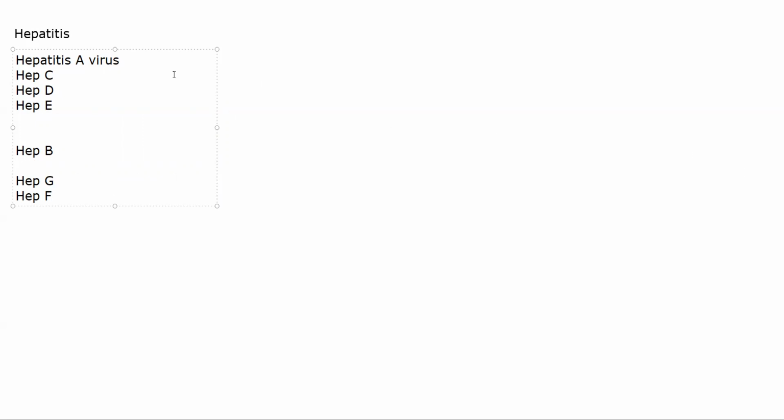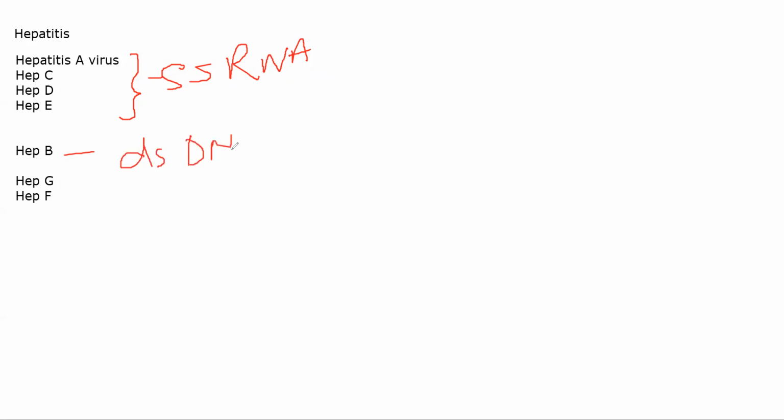Why I'm writing them separately is because the first 4 types that you see here all have ssRNA, single stranded RNA, meaning their genetic makeup is a single strand of RNA, whereas hepatitis B is a DNA virus, a dsDNA, double stranded DNA virus.